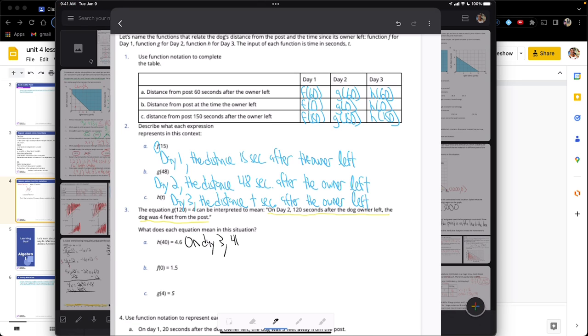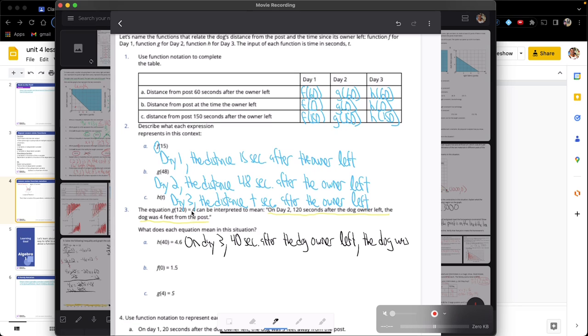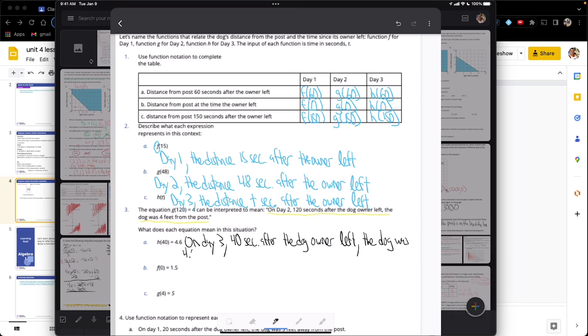So 40 seconds after the dog owner left, the dog was, after the equal sign, in this case 4.6, so 4.6 feet from the post.